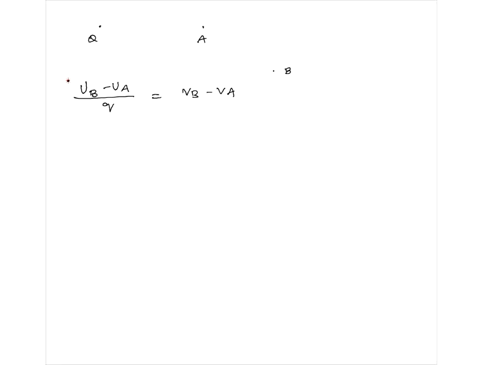The unit of potential is volt. Here you are seeing it is energy upon charge, so joules per coulomb. Joules per coulomb is nothing but volt. So this concept has become very popular, and we don't talk about field so much, but we talk about potential quite a lot.